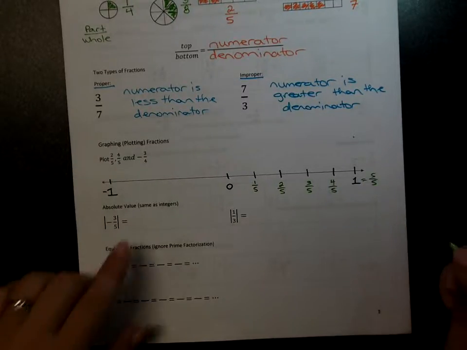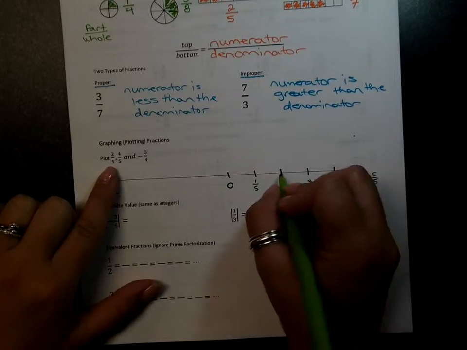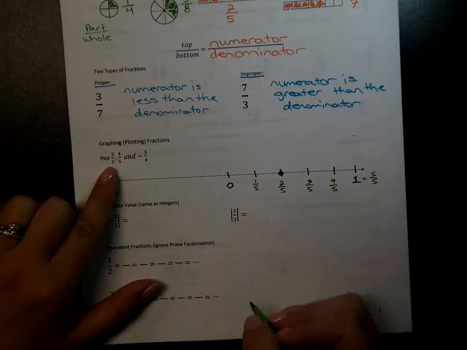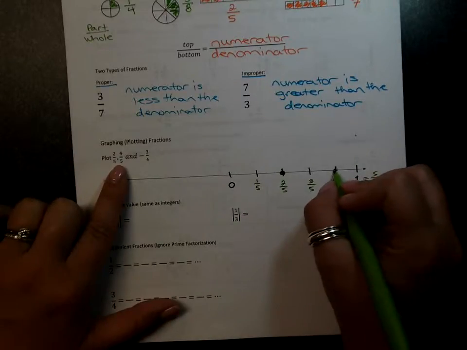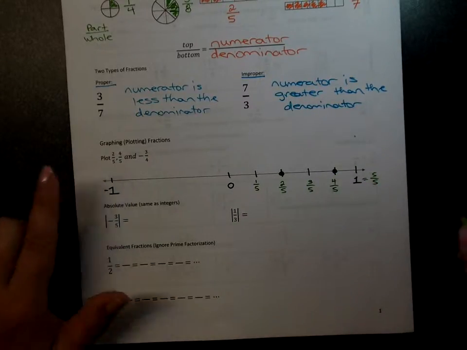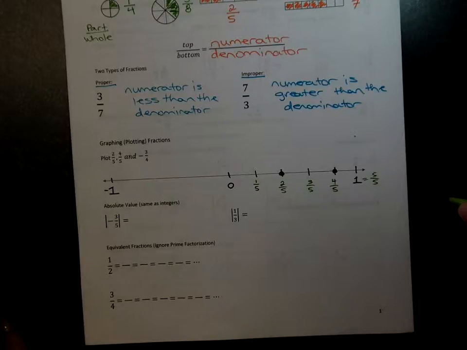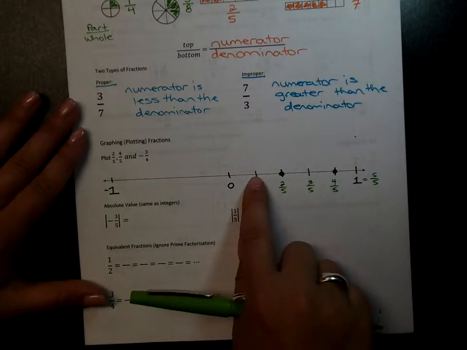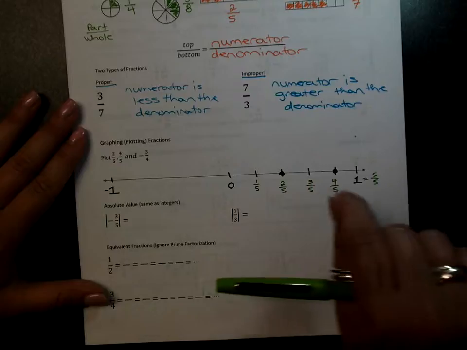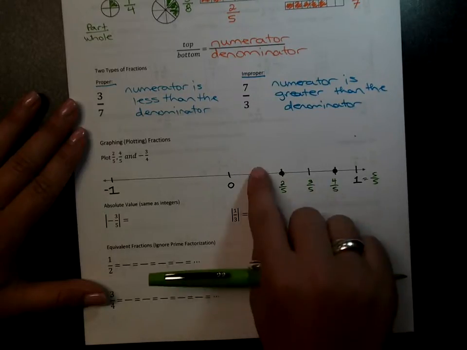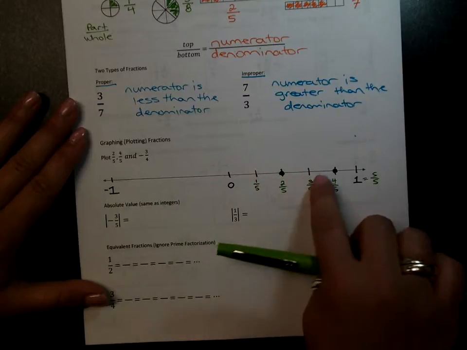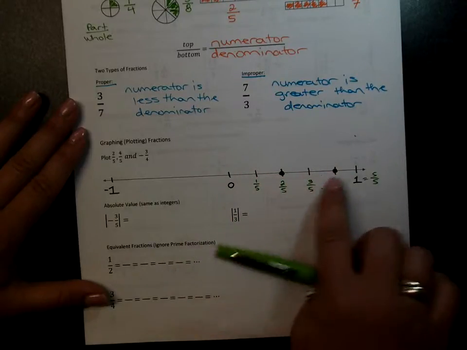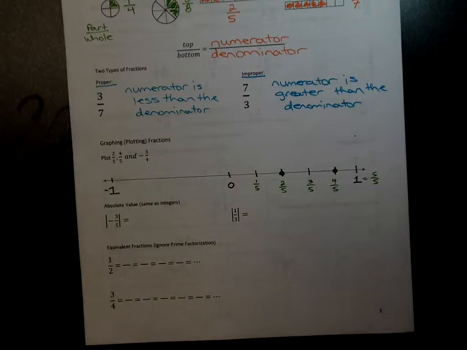So if I'm going to mark where 2 out of 5 is, I'll put a big dot at 2 out of 5. And then if I'm going to mark where 4 out of 5 is, put a big dot where the mark is for 4 out of 5. So I believe on the homework it's already marked off for you, and all you have to do is drag the mouse to the correct tally mark and just place your point. If you have to divide it out yourself, you just divide it into the total number of sections that make up the denominator.